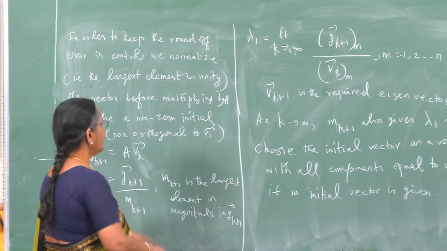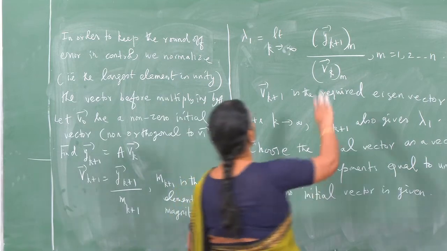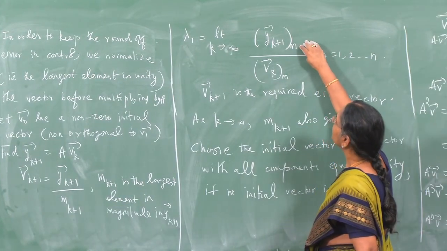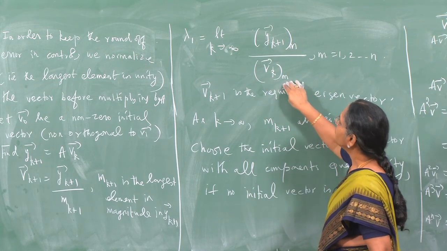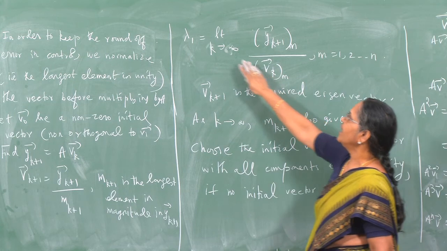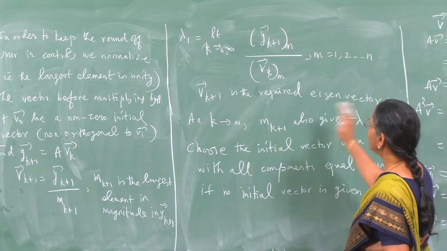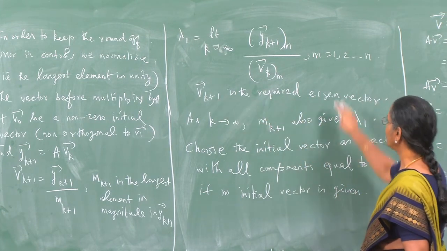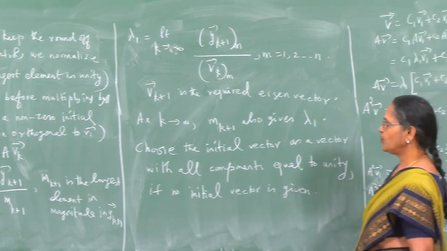So, finally, what is lambda 1? Lambda 1 will be the ratio of the mth component of vector y k plus 1 to the mth component of vector v k as k tends to infinity. And what is the eigenvector? The eigenvector will be v k plus 1, which is associated with the eigenvalue lambda 1 that you computed.